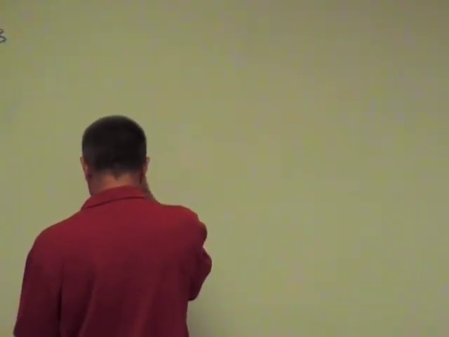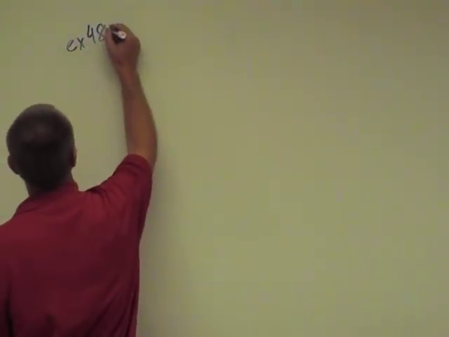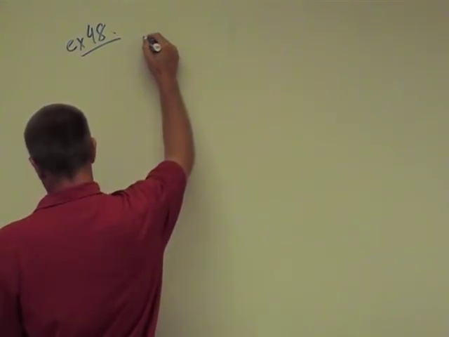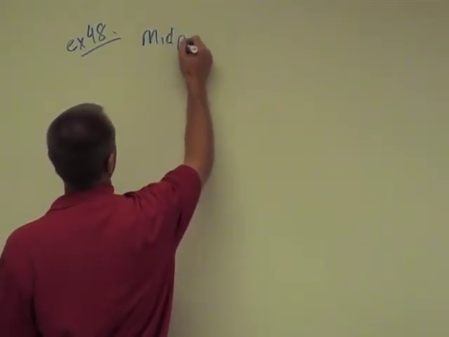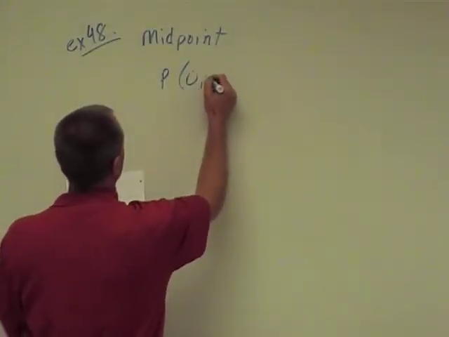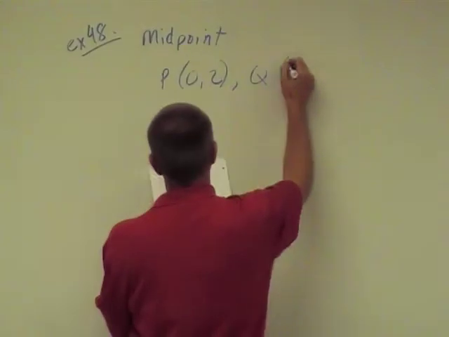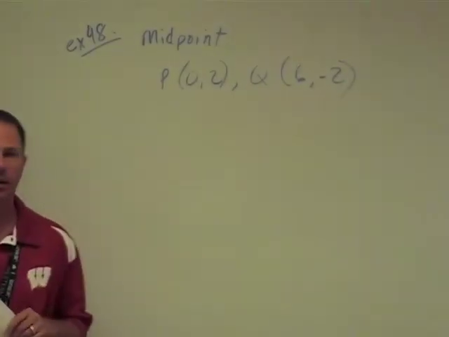Let's do a midpoint problem. This is number 48. I want you to find a midpoint. Point P is at (0, 2) and point Q is at (6, -2). Everybody find the midpoint of that before I ask you to do something.